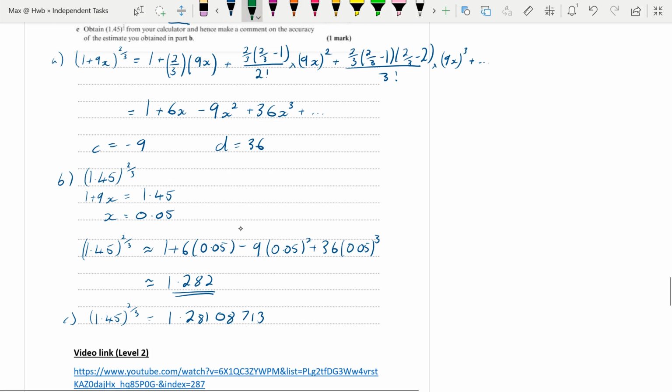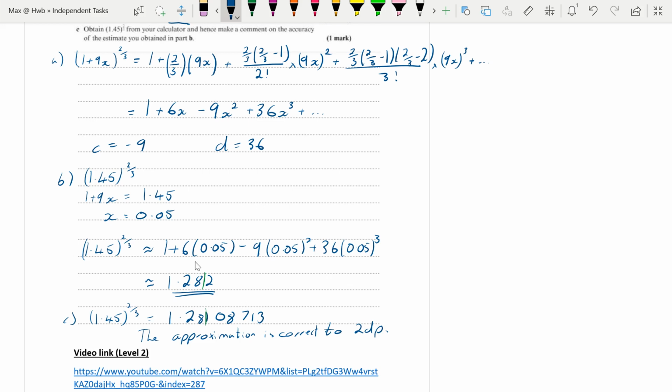Now I've got to decide how close they are. You notice they're the same up until the second decimal place. That's what I'm going to write: the approximation is correct to 2 decimal places.